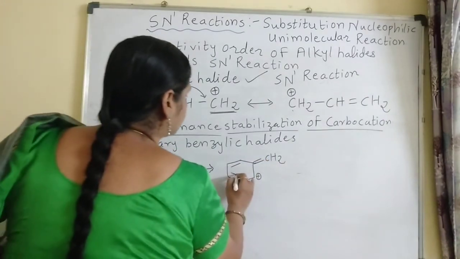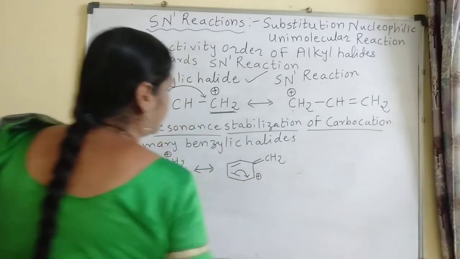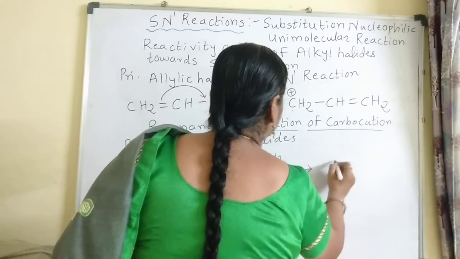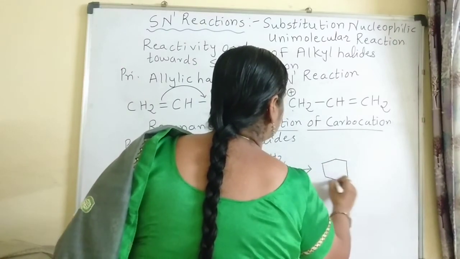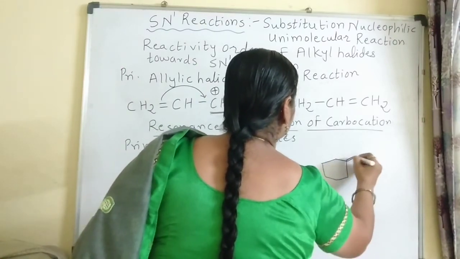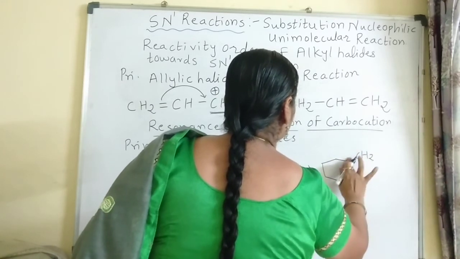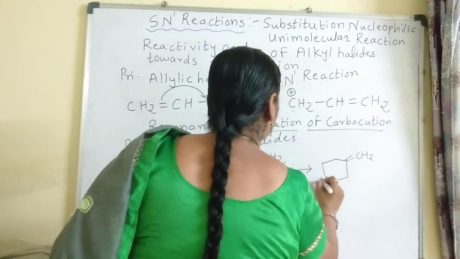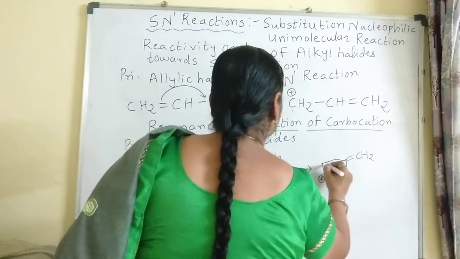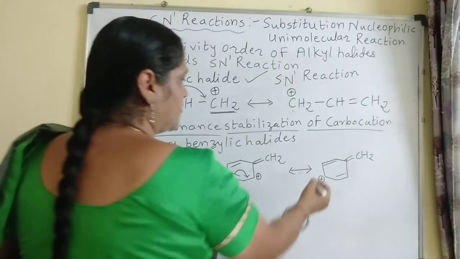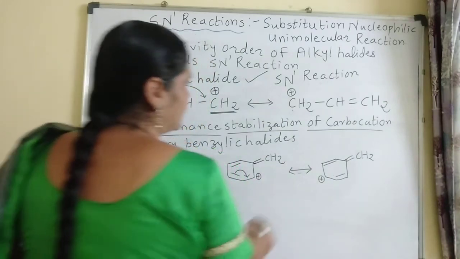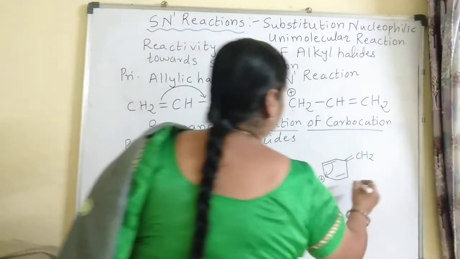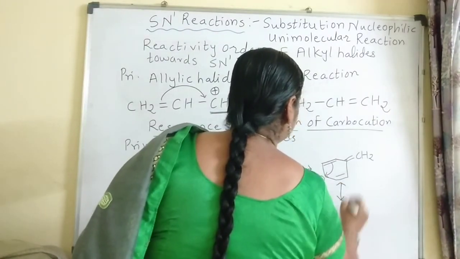Now, as soon as the positive charge comes over here, these pi electrons are shifted over here, and therefore you will get another resonance structure. And now the positive charge is shifted on this carbon. Again, there will be shifting of the pi electrons over here, and you will find another resonance structure.